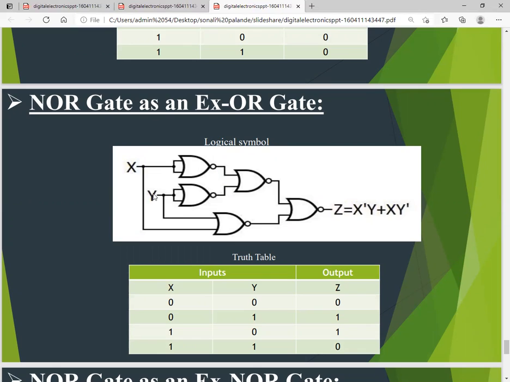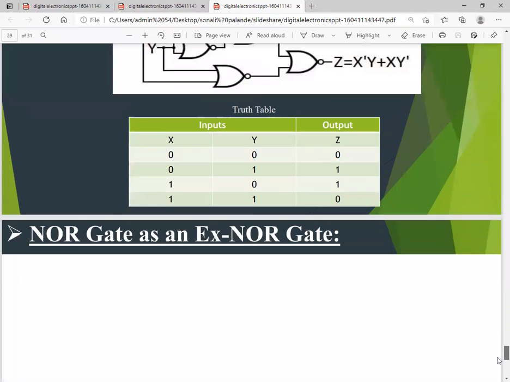If x equals 0 and y equals 1, then z equals 1. If x equals 1 and y equals 0, then z equals 1. If x and y both equal 1, then z equals 0. So the output of this is similar to the XOR gate. So that's why this structure is called the NOR gate as an XOR gate.